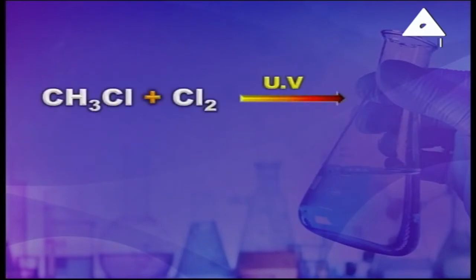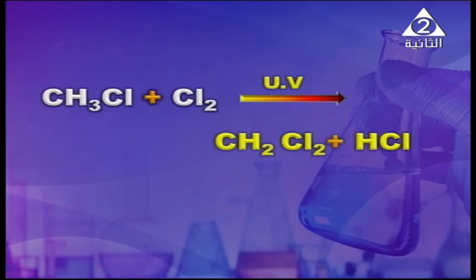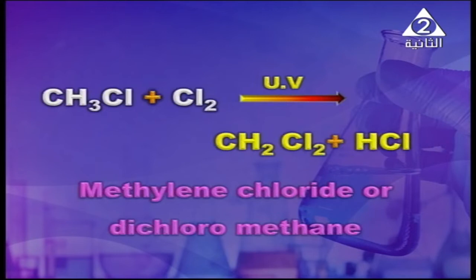My dear student, in a further reaction, chlorine reacts with methyl chloride or chloromethane in the presence of ultraviolet rays, forming dichloromethane or methylene chloride, and also releasing 1 mole of HCl.